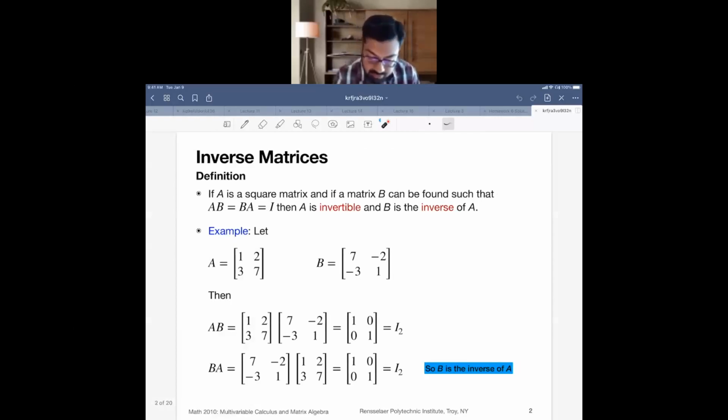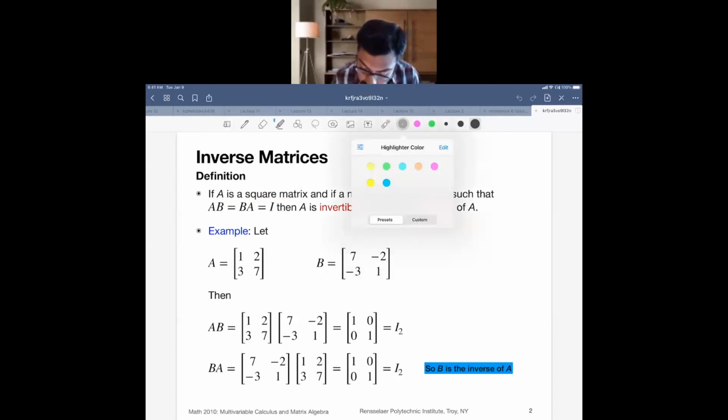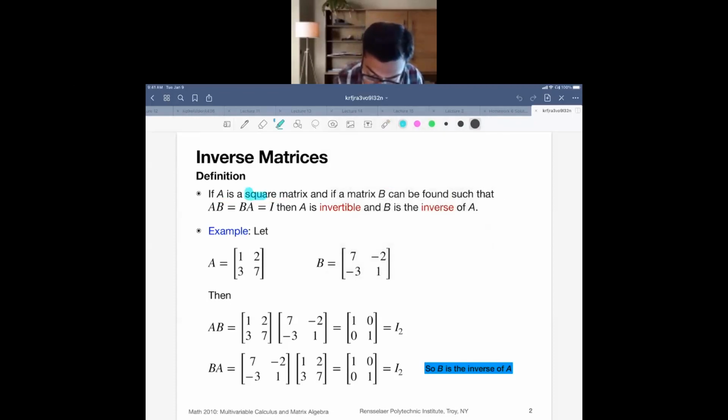So inverse matrices, what is the definition? So if A is a square matrix, right, so we are limiting it to square matrix here. Let me pick a square matrix.